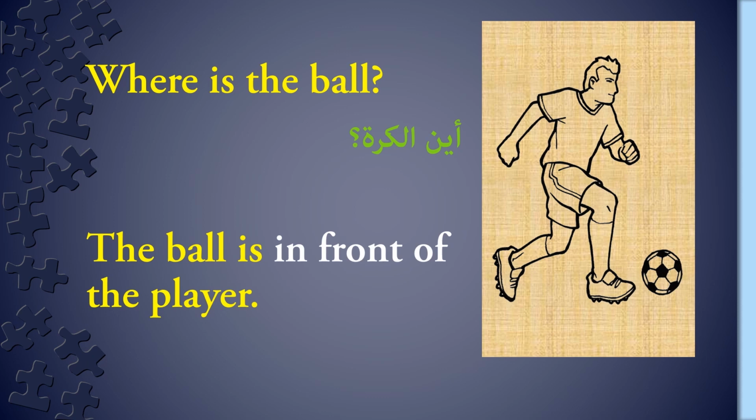غادي نعاود هذيك in front of ما كتنطقش off، كتنطق of. In front of. The ball is in front of the player. The player هو اللاعب. إذا in front of شنو كنقصدو بها؟ الكرة the ball أمام. جيد.